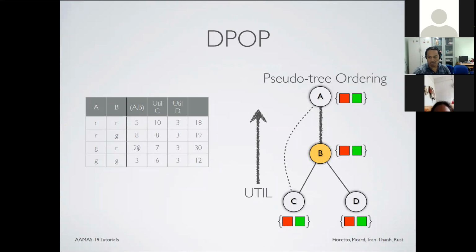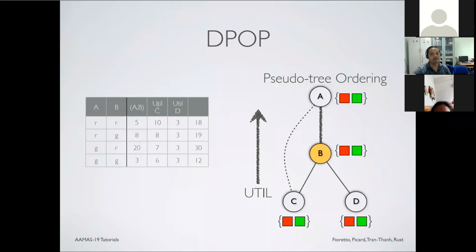Now, along with that, while you will be calculating the value of B, you have to calculate the value of C and D, because C and D are connected with B. So with this combination, A and B as red, AB is 5.